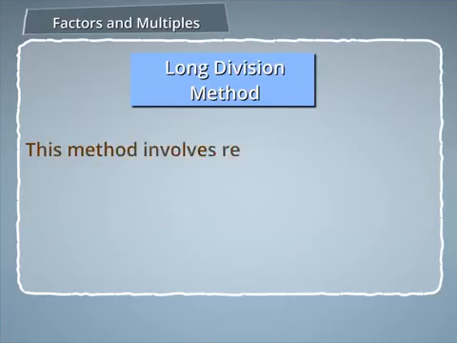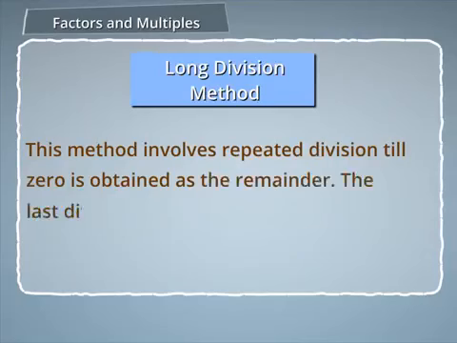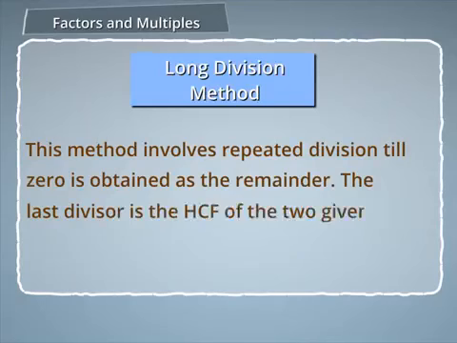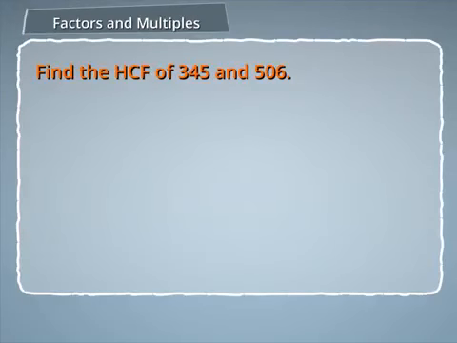This method involves repeated division till 0 is obtained as the remainder. The last divisor is the HCF of the two given numbers. Let us understand this by finding the HCF of 345 and 506. By long division method, we divide the large number by the small number.